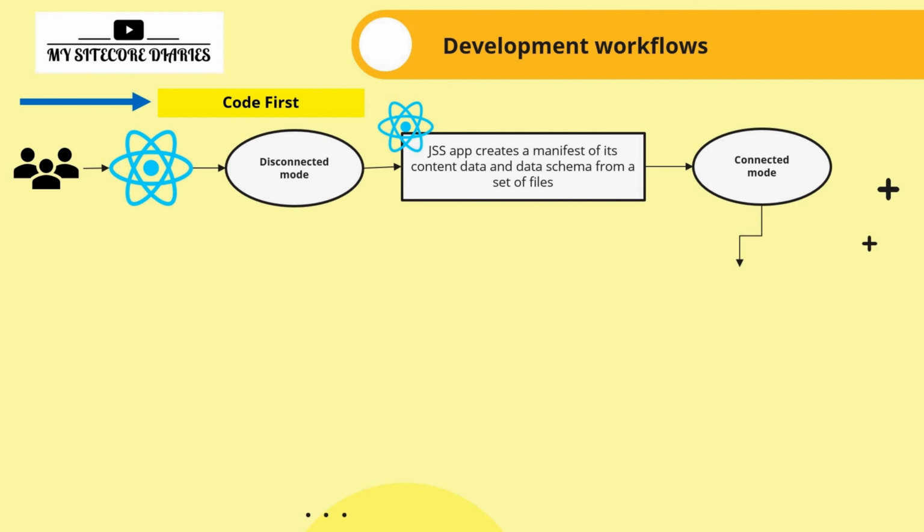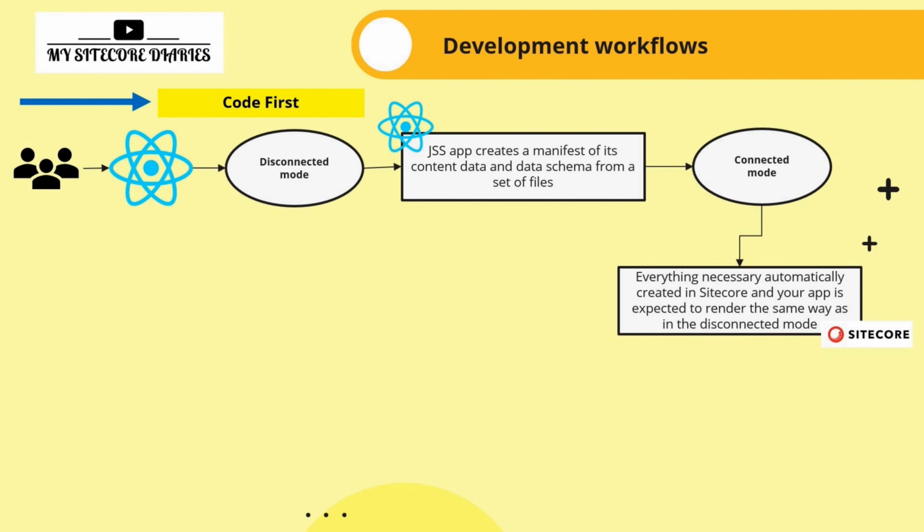Once you connect to Sitecore, everything necessary automatically gets created in Sitecore, and your app is expected to render the same way as it works in disconnected mode. Whatever you tested in disconnected mode should work the same way in Sitecore once you connect it. So this is called the code first approach.